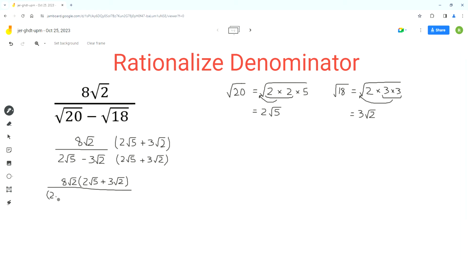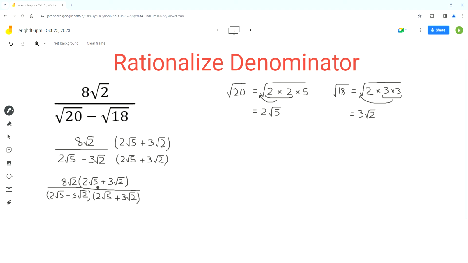So 2 square root 5 minus 3 square root 2, close the parentheses, and then the next one, so 2 square root 5 plus 3 square root 2, and then close the parentheses.